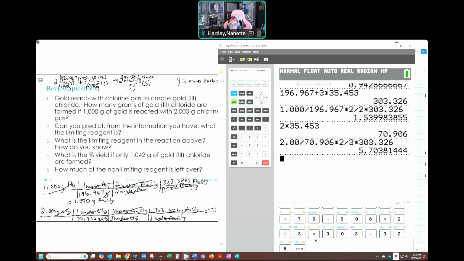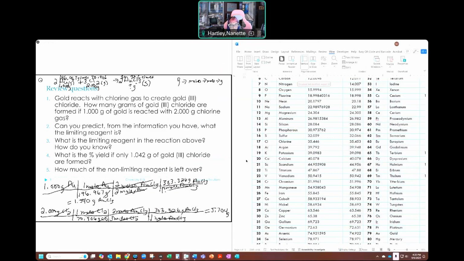And so if I look at that, the limiting reagent is the one that gives me the least amount of product. So the least amount of product that I get is from here. And so gold, that 1.000 grams of gold, produces the least amount of product. Okay, so that is my limiting reagent. So I can't predict, nope, can't predict.